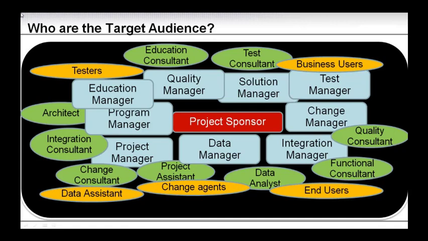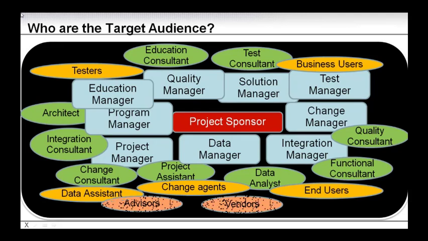And of course there might be even people from the business or even a lower level in the project team, a dedicated project team, that can be for testing, that can be business users, data assistants, change agents, end users, and so on. And you might also have external roles or stakeholders. That might be vendors, it might be advisors that you're bringing in. So there's a large mix of different stakeholders in a project.